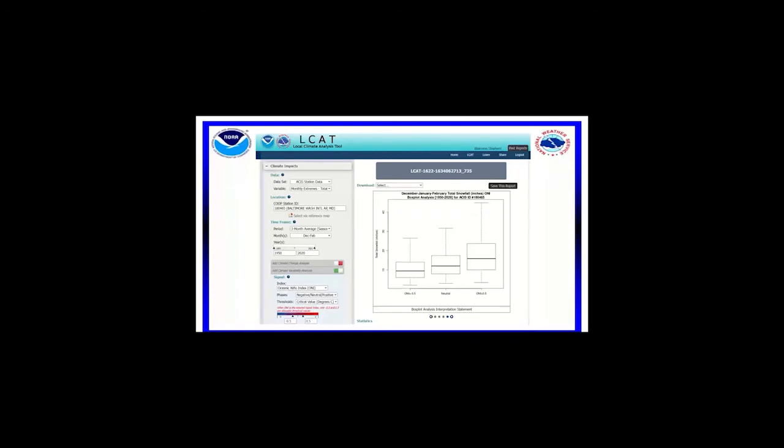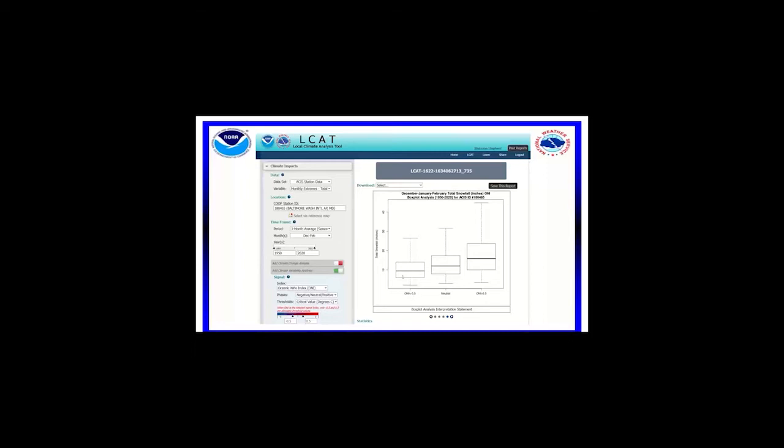This was just something fun that I did for this exercise. This is looking at Baltimore Washington International Airport, the closest international airport to my house, which is why I picked it, but you can pick any. It looks at seasonal snowfall for December through February from 1950 to 2020, and at this signal via the Oceanic Nino Index, which is CPC's official index for the monitoring and assessment of El Nino and La Nina.